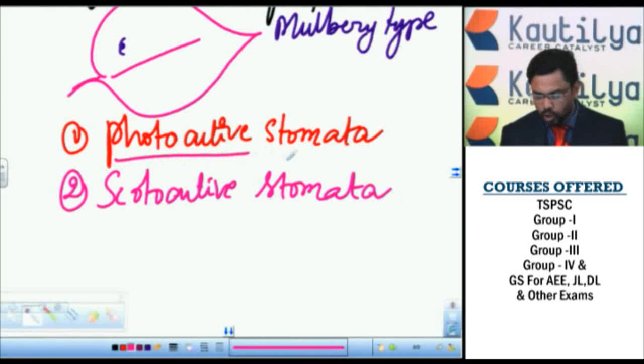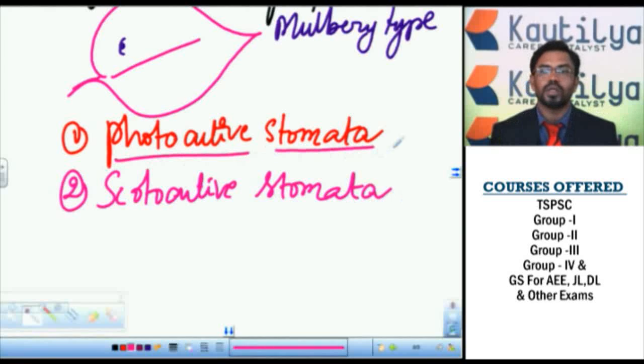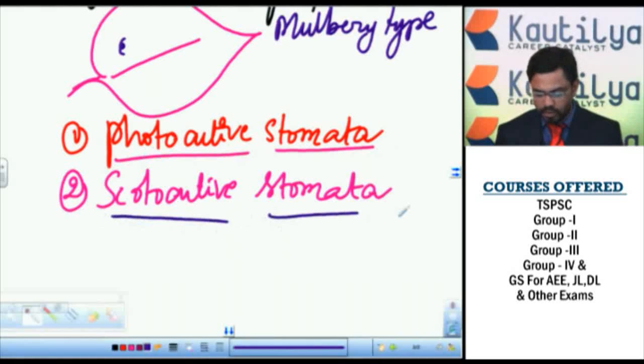The photoactive stomata open during daytime and close during night time. Generally, the stomata open during daytime for absorption of carbon dioxide. And the scotoactive stomata open during night time and close during daytime.